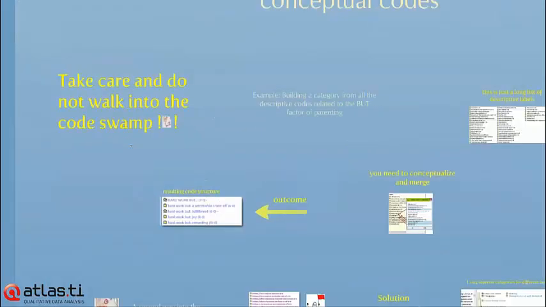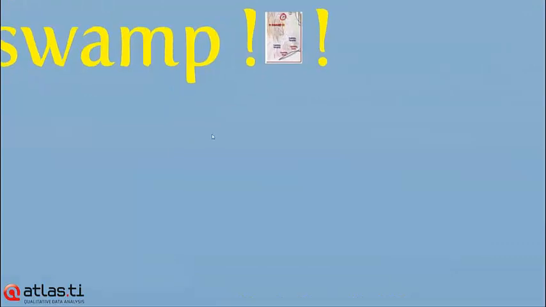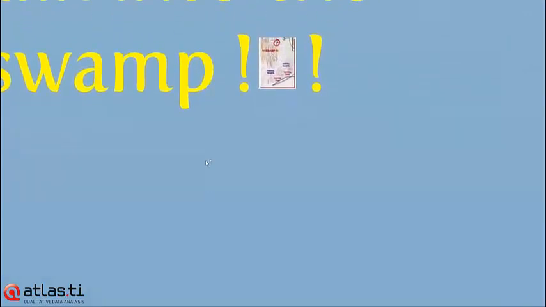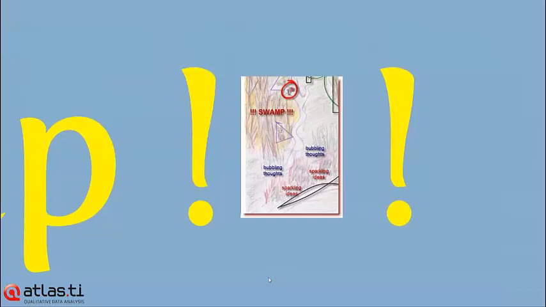On the descriptive level, this is where my code swamp comes into the forefront. You have to be aware that you don't walk into it and end up in a mess.